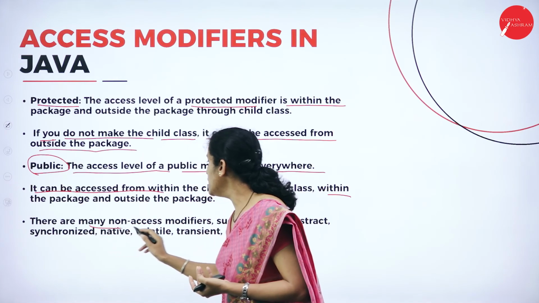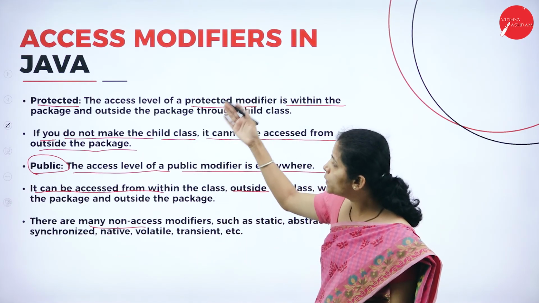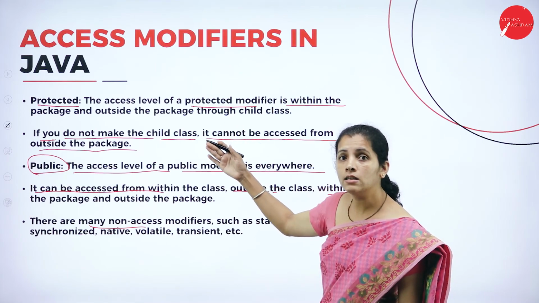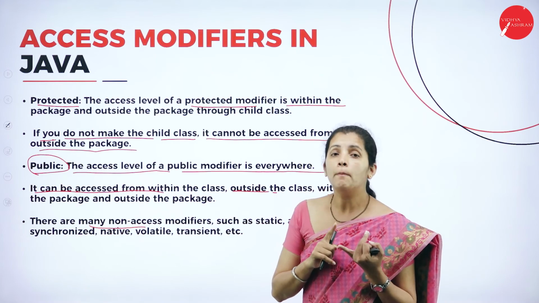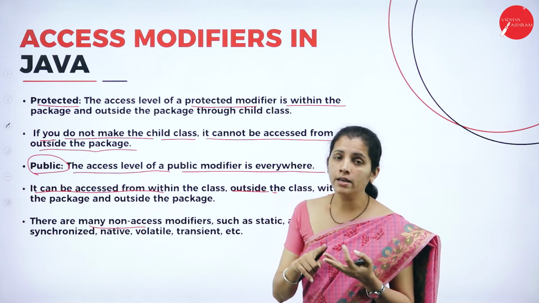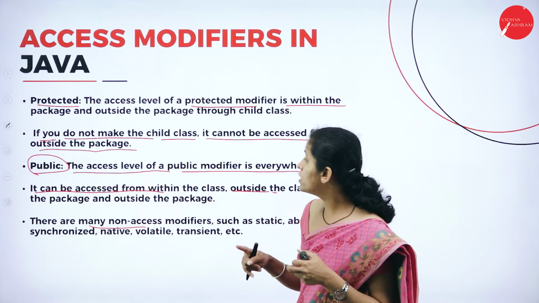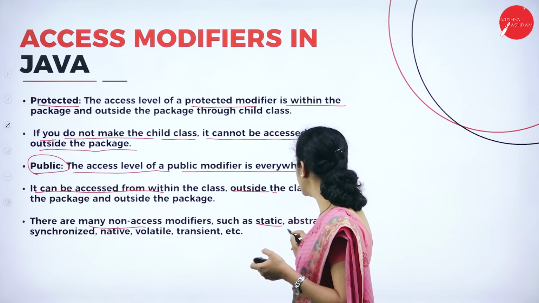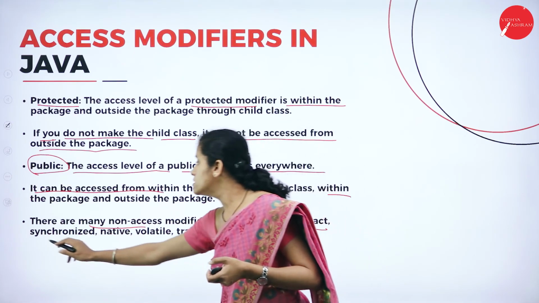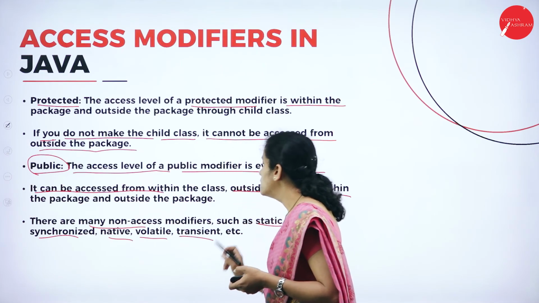There are also non-access specifiers. Till now, what we discussed are the access modifiers: public, private, protected and default. And what are non-access modifiers? Examples are static, abstract, synchronized, native, volatile, transient.